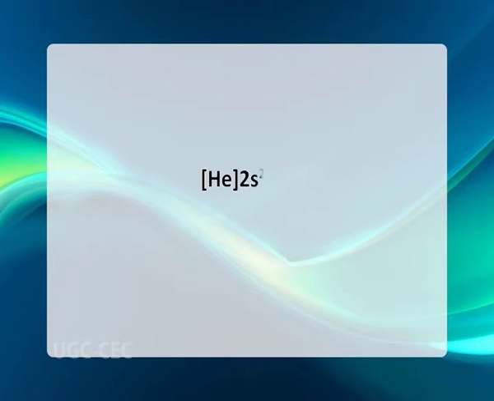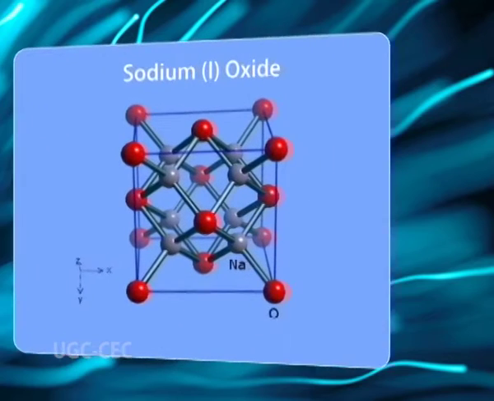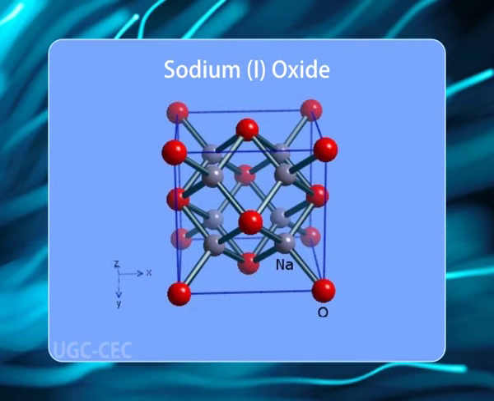While doing so, both atoms will get the nearest inert gas neon's electronic configuration, that is helium 2s2 2p6. 2Na gives 2Na+ plus 2 electrons, while oxygen gains the 2 electrons to give O2- anion. Thus formed 2 sodium positive ions and 1 O2- ion.